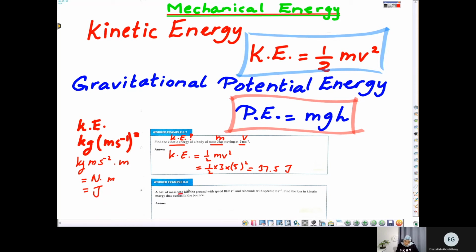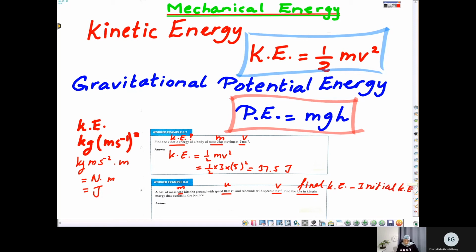50 grams, this is the mass, should be converted. This is the initial speed, and this is the final speed. And we need the loss in kinetic energy, which is final kinetic energy minus initial. Does this make sense?